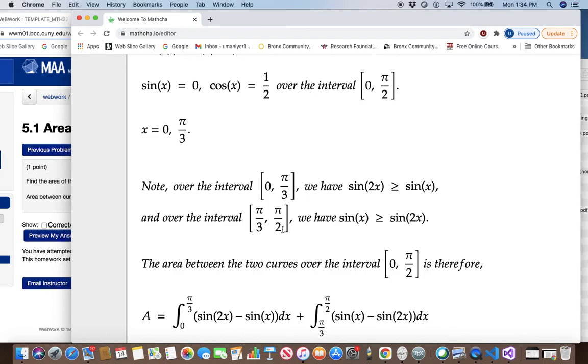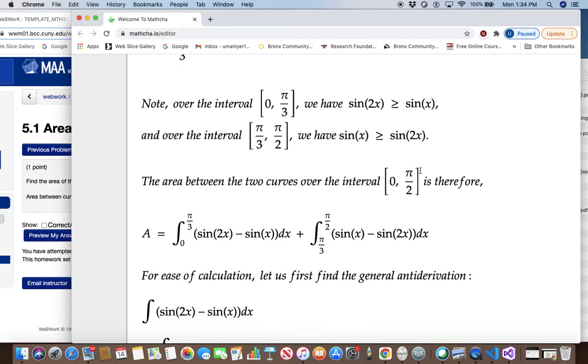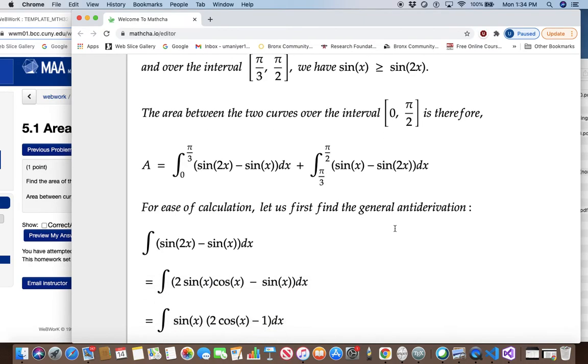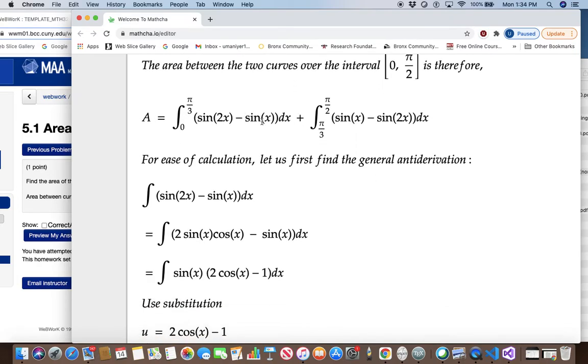So to find the entire area, we break it up: from 0 to pi over 3, sine 2x minus sine x, plus from pi by 3 to pi over 2, sine x minus sine 2x. For ease of calculation, notice these are essentially opposite expressions.